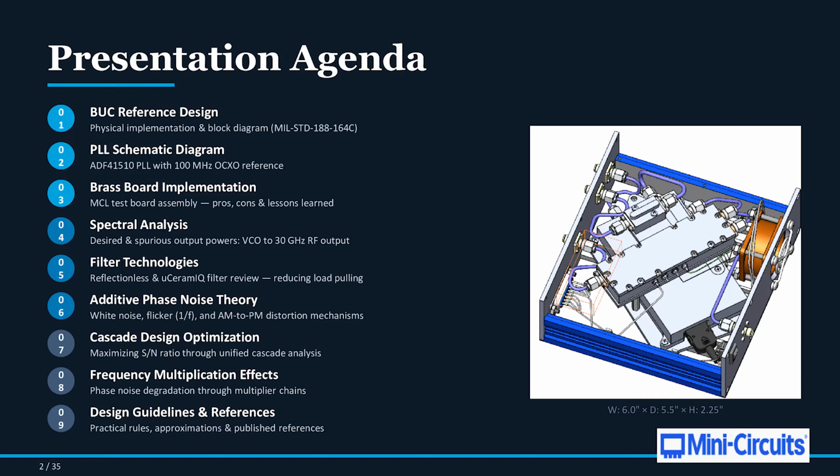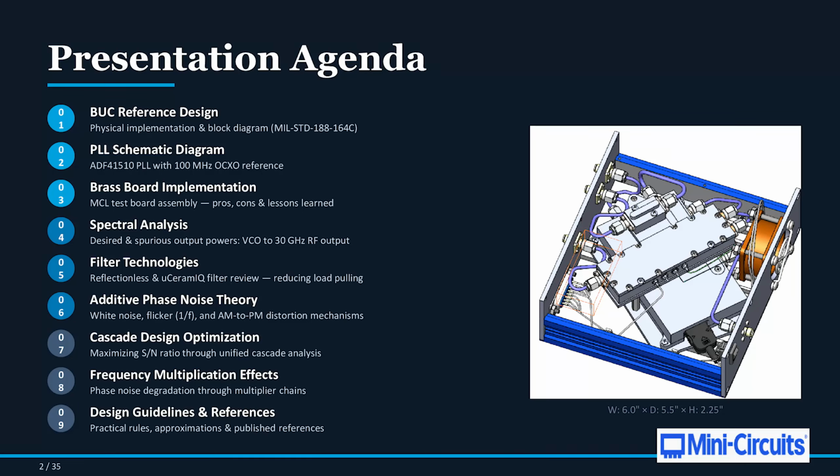A lot of this depends on the loop you're using. If it's a digital loop like we have here, some of the effects are going to be hidden underneath the divided noise. But it's good to understand what you're using for a phase lock loop and whether some of these effects apply. And even if they don't, it's good design practice anyway. So it still pays to understand some of what we're going to be reviewing.